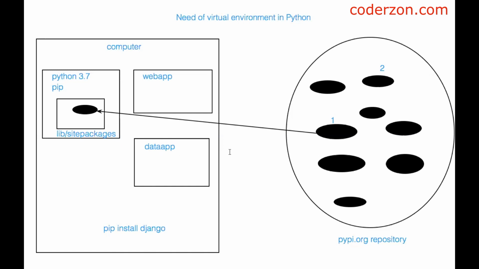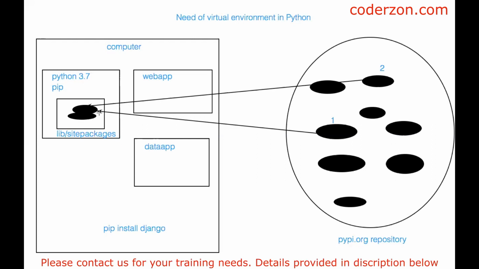If you do that, there is a chance of overwriting existing files. Some of the files may get overwritten, so this project may work and the other project may not work. That is one of the problems we generally face if we use the global Python location for installing packages using pip. I hope you got the problem.